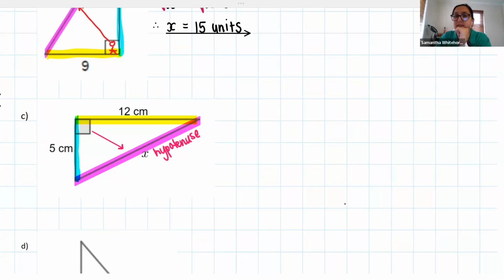Yes, you have to put centimeters. Even though you're doing calculations, the lengths are still all in centimeters.